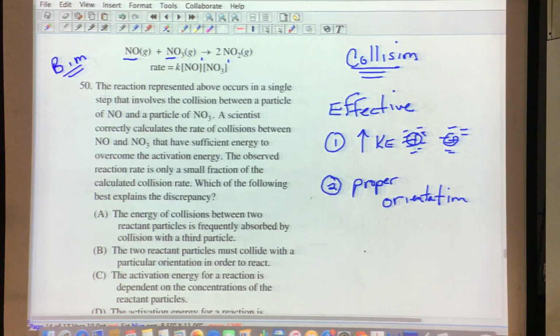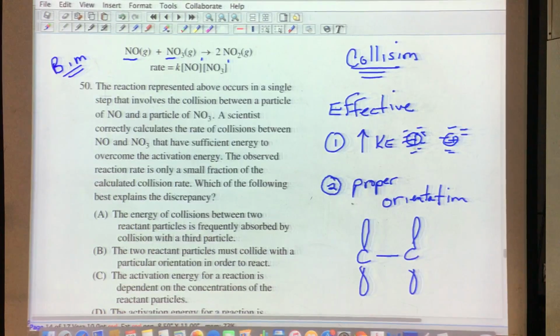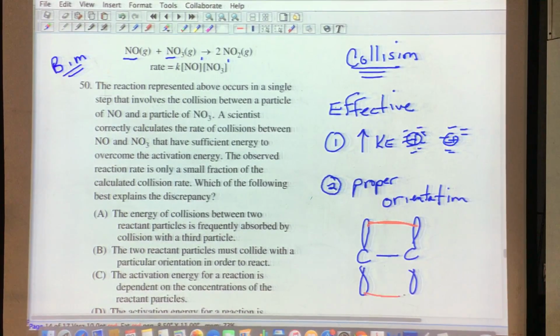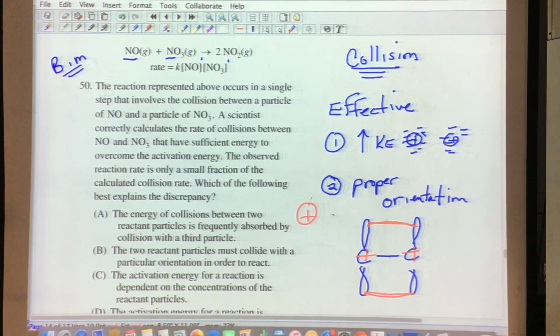In a hydrocarbon, where you've got this double bond occurring, single bond between, let's say, a hybridized orbital, and then you've got the pi bond occurring here, above and below. Pi bonds are easily broken because they're a little farther away from the nucleus. A particle that's going to bond with this carbon has to hit this pi bond. If it doesn't, it's not going to react.